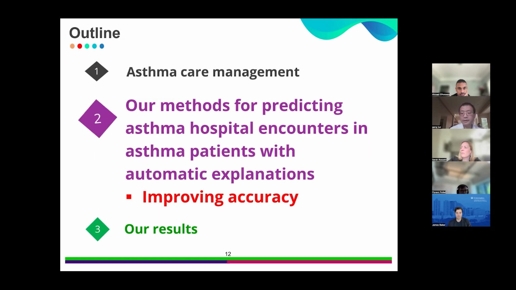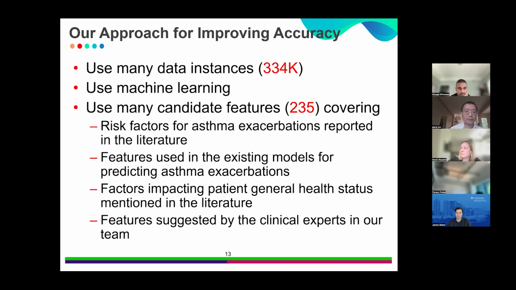So now let's first describe how we improve the model accuracy. We use several approaches. First, we use many data instances, over 300K data instances. This is at least one order of magnitude more than what has been used to train previous predictive models. Second, we use machine learning instead of statistical methods.